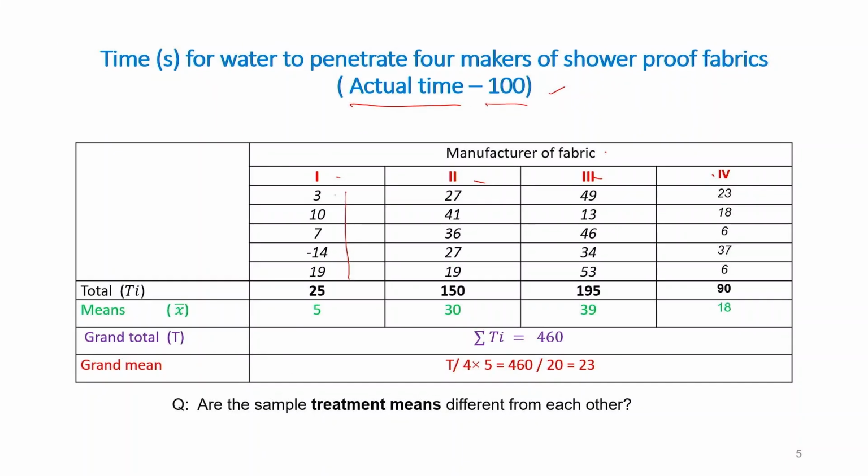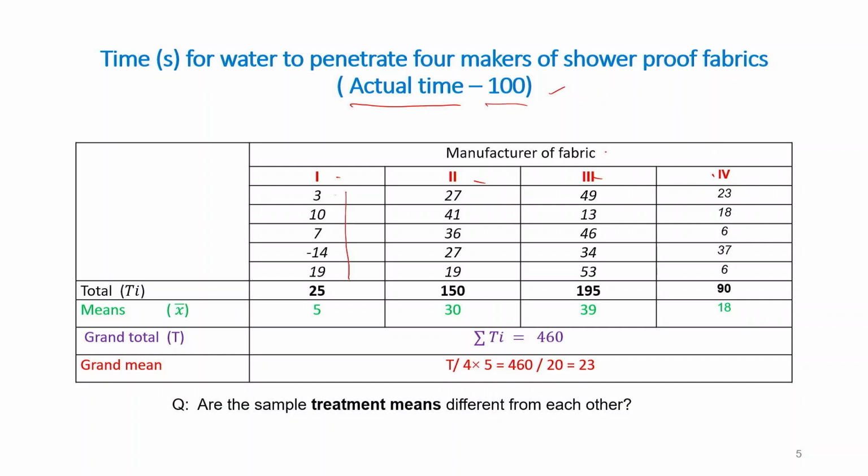If I don't subtract 100, some of these figures will be three-digit figures, or some of them two-digit figures. There will be no single-digit figure. So to help in the calculations, we can subtract a constant figure, and by doing so, the results are not going to be affected.